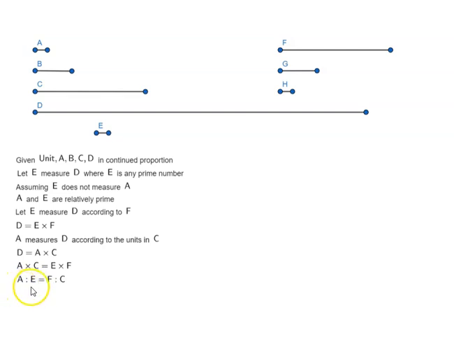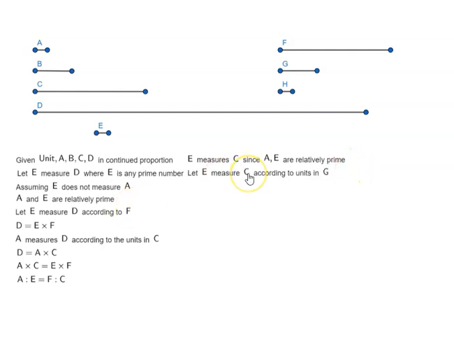And the least numbers in that ratio will measure numbers in the same ratio the same number of times. That means A will measure F, E will measure C the same number of times. So we can say E measures C, since A and E are relatively prime.